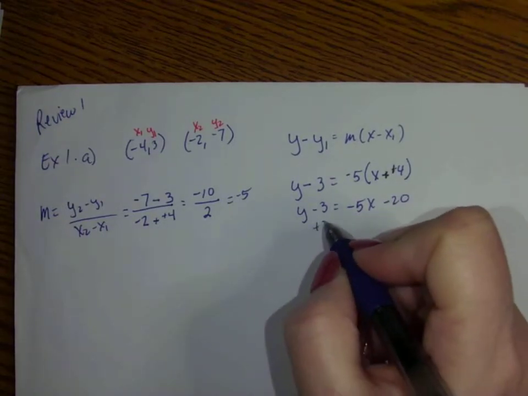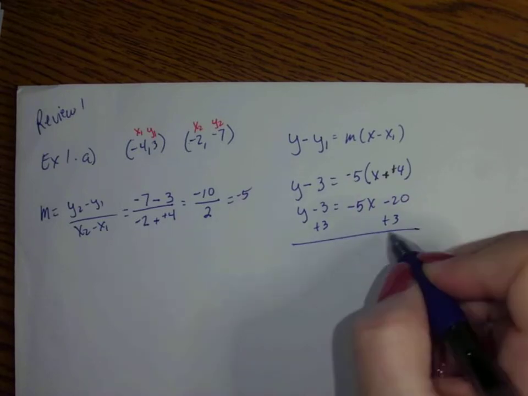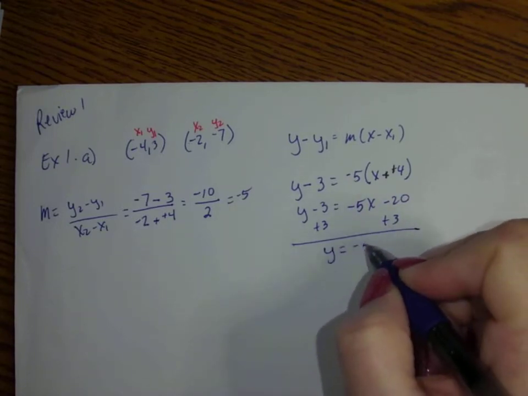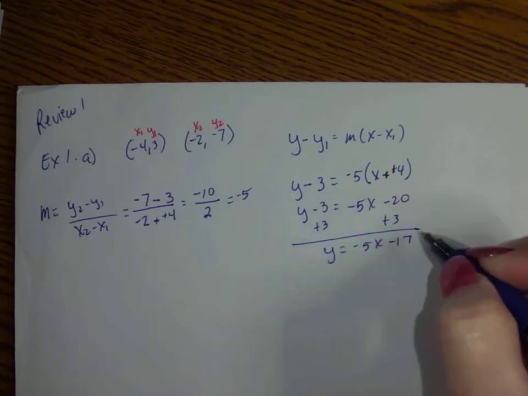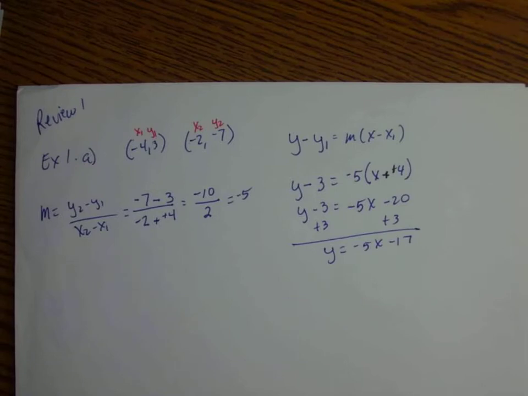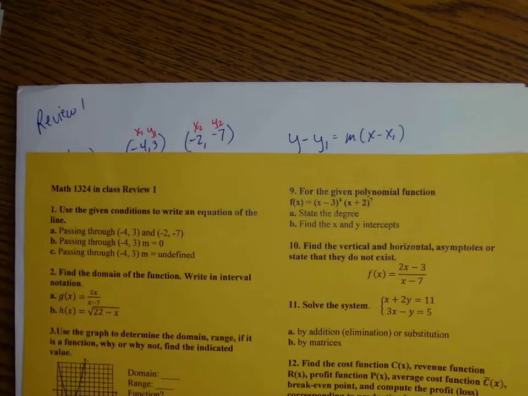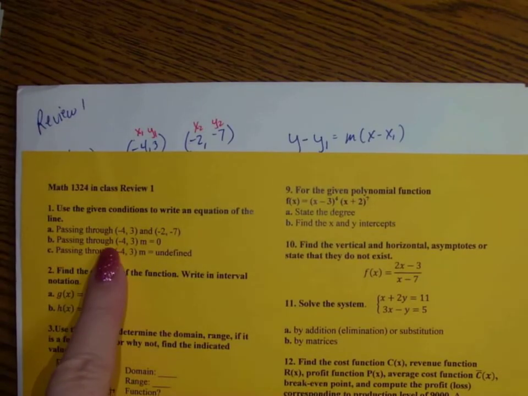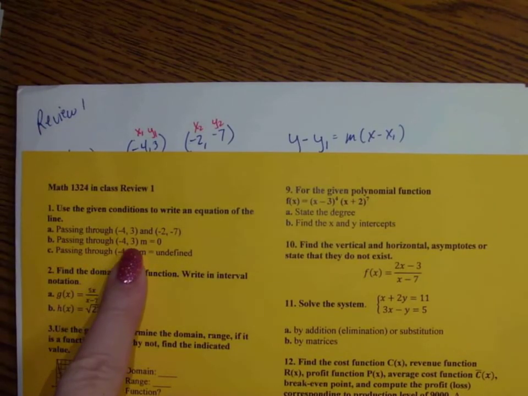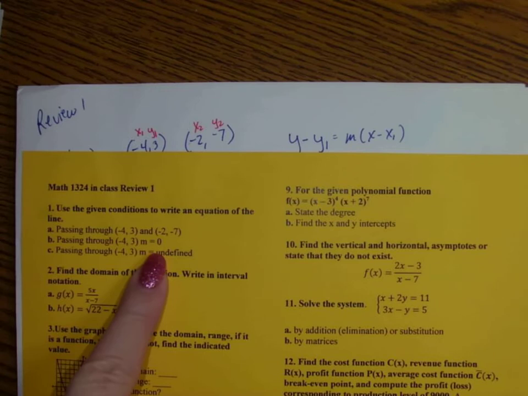All right, now we'll add 3 to both sides to solve for y equals -5x minus 17. So on this one, you're going to have to do several steps. On the next problem, we have a passing through this point, but our m is equal to 0.